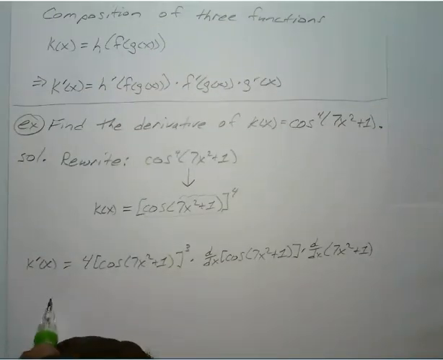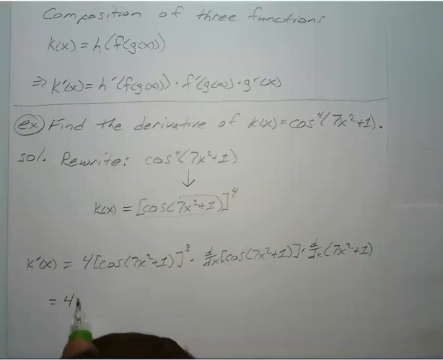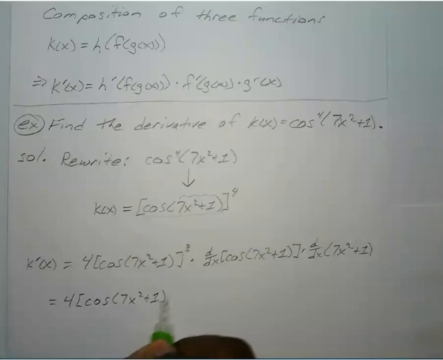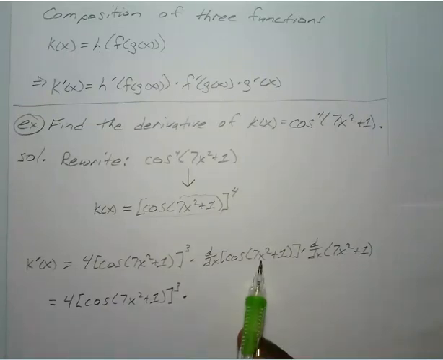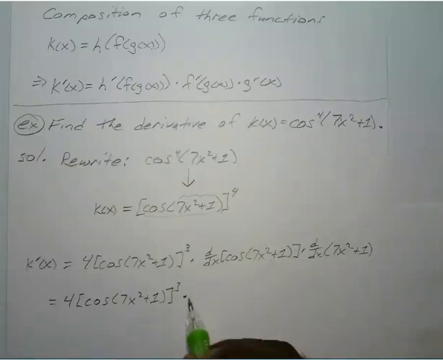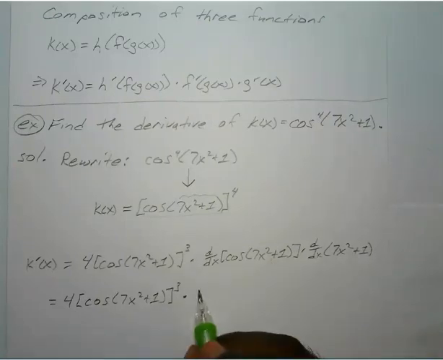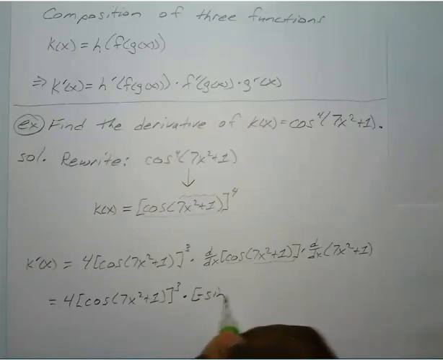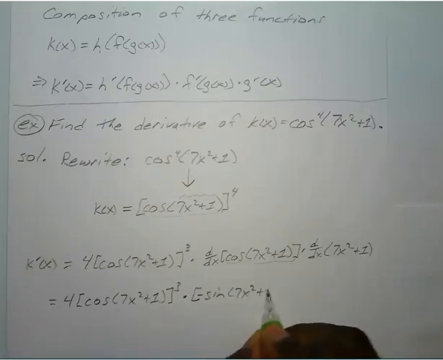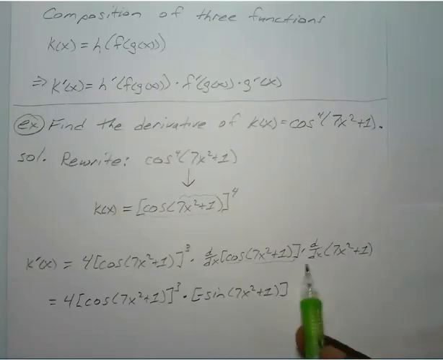To go ahead and simplify these terms, you have 4 times cosine 7x squared plus 1 to the third power. That's times the derivative of that whole thing, which is, remember, we're doing the inside here already, so that's just the derivative of this whole thing, which is negative sine of 7x squared plus 1, times the derivative of what's inside.